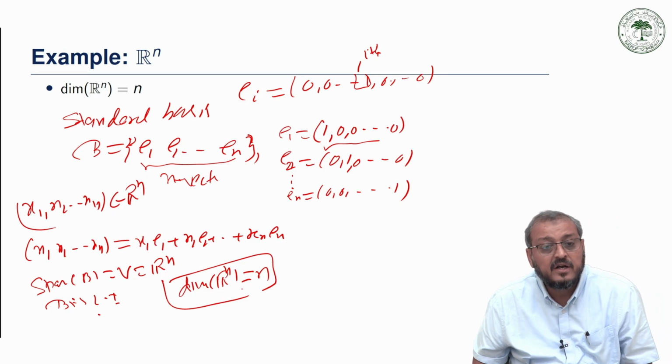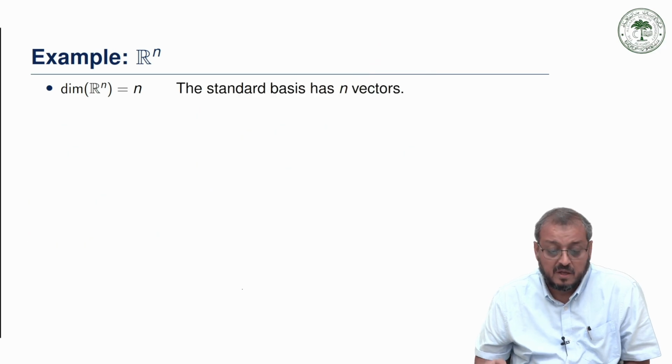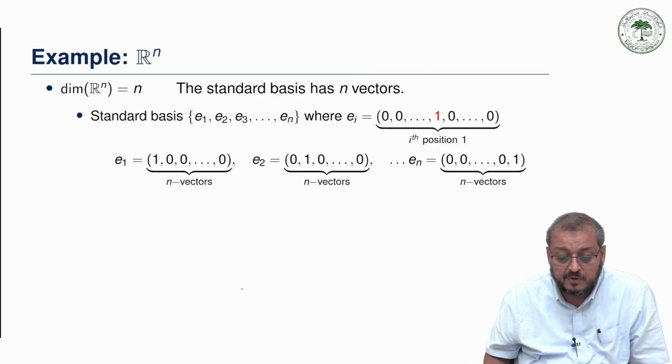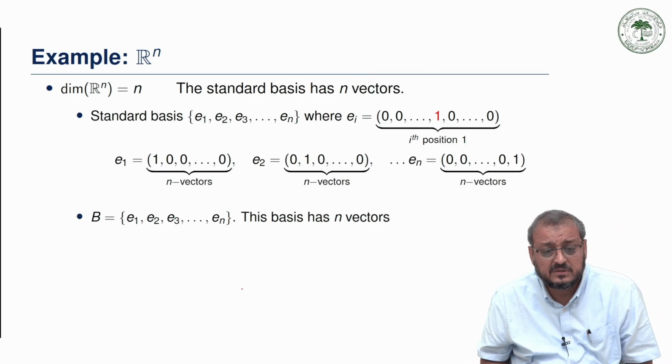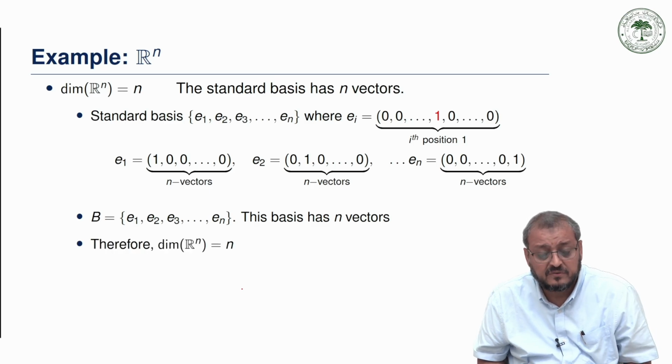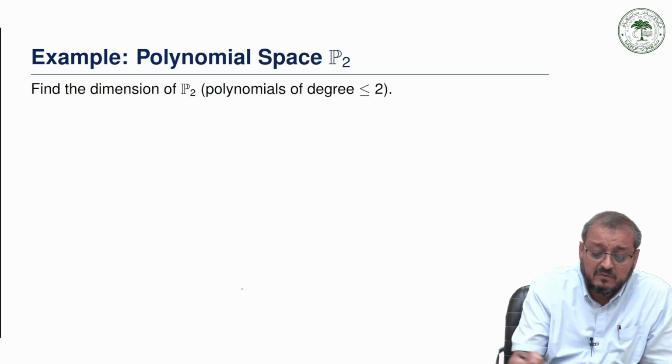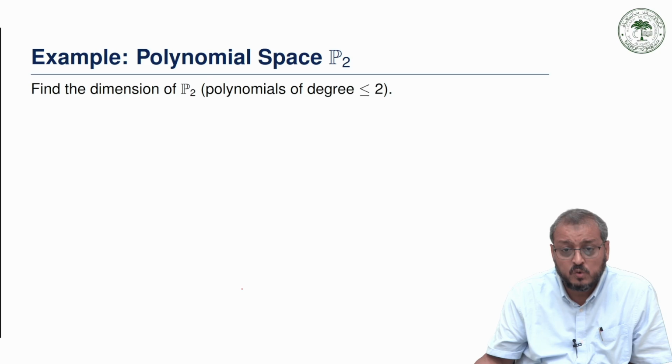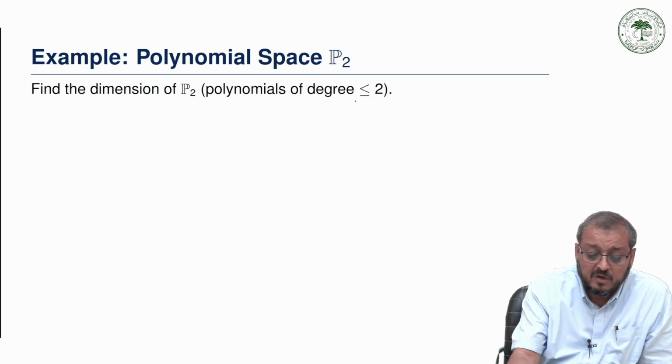Let us try a different example, for polynomials. We start from polynomials of degree at most 2, P2.